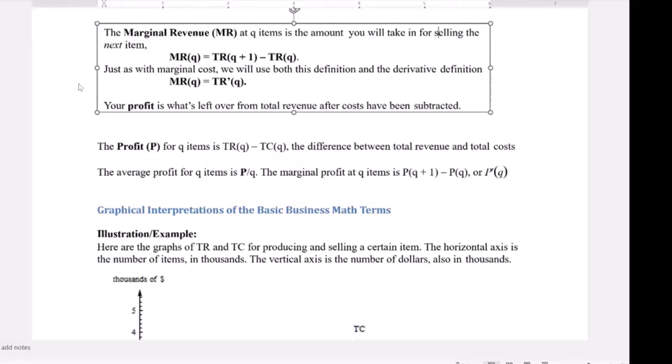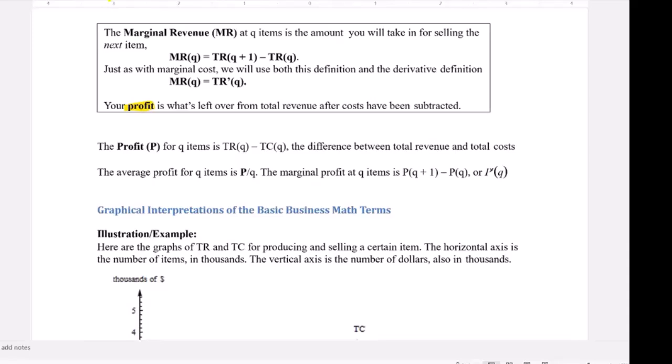I'm going to do the same thing. My marginal revenue is going to equal my revenue if I sell one more minus the revenue if I sell exactly what I planned. The profit is how much is left from my total revenue, which is how much I took in that day, minus how much it cost me to produce that many things.